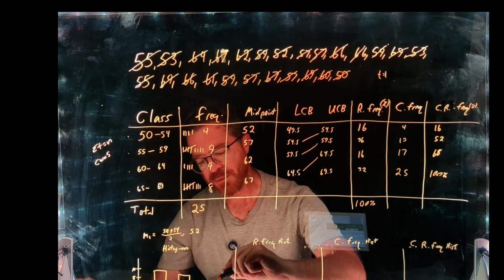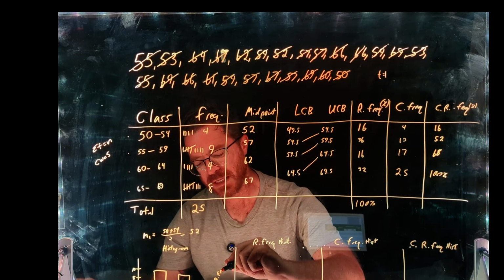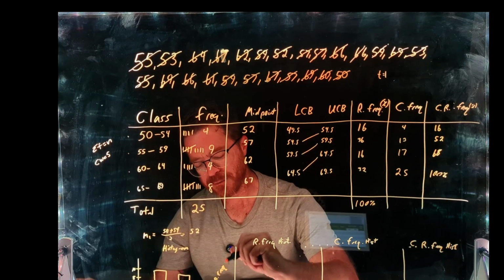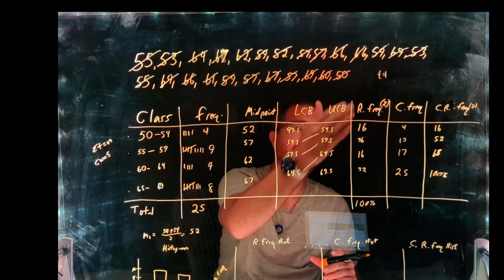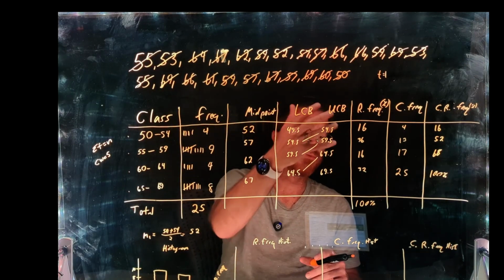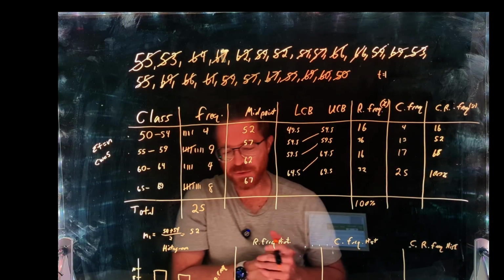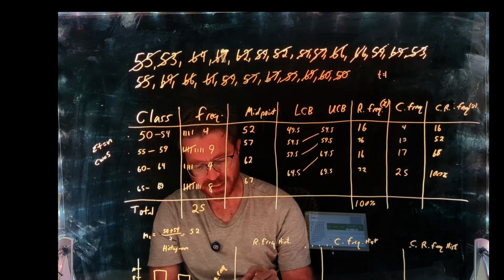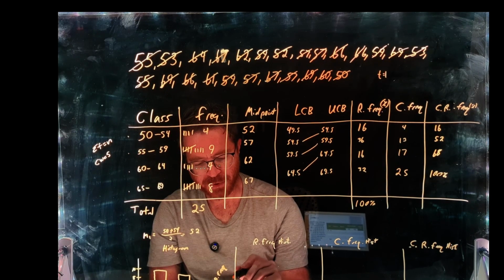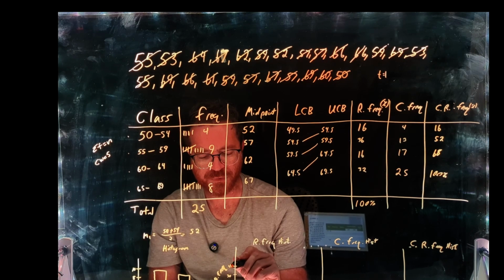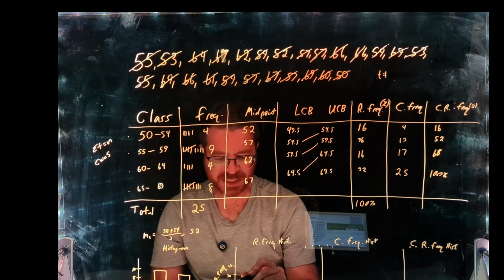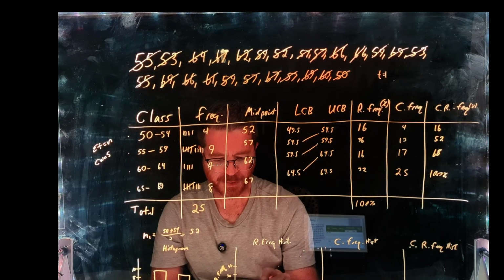So for the next one, we're going to be putting our relative frequency on our y-axis. And if we look at our relative frequencies, it looks like we have values from 16 to 32. So what I'm going to do is I'm going to do 10% each. So this is going to be 10%, 20%, 30%, and 40%. So the first one is 16%, which puts it about here.